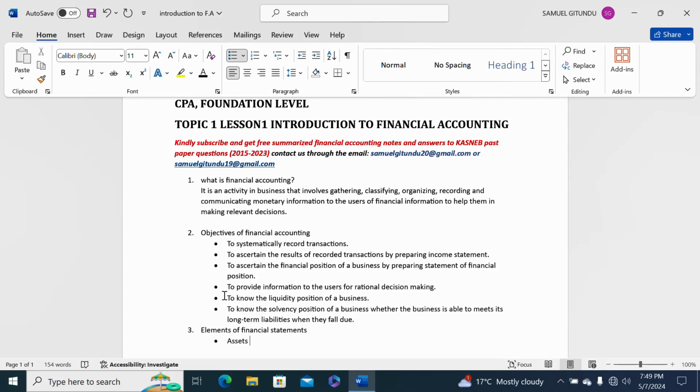We have inventory; the business usually expects to sell inventory within a period of 12 months. So basically, those are current assets; they keep on moving. Then we have the second element of financial statements: liabilities.